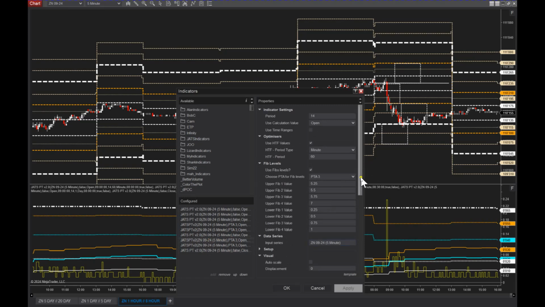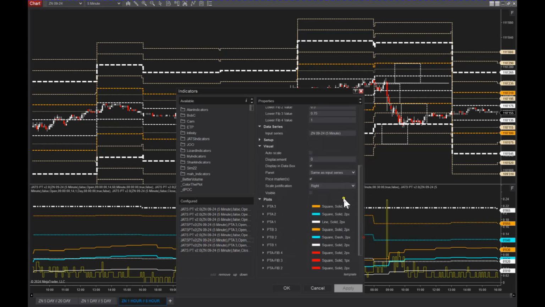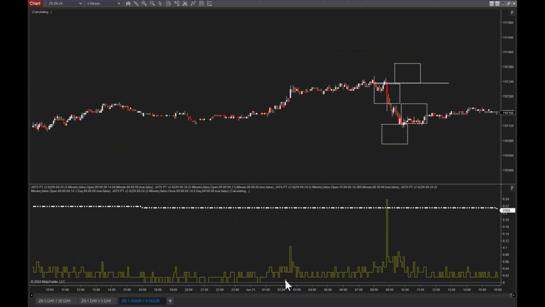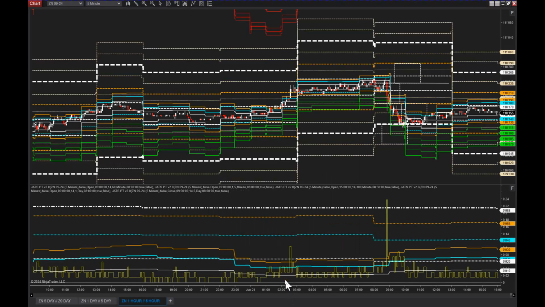Like if you had a long thesis that it might be turning around, you might look for those lower levels to get reached and then see if they turn it around or collapse the volatility, allowing that price to continue going higher.